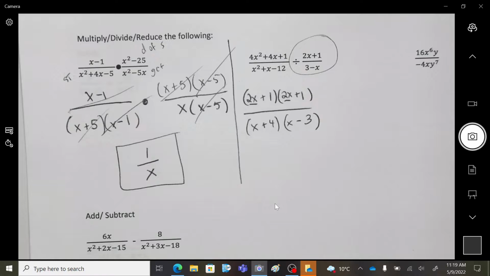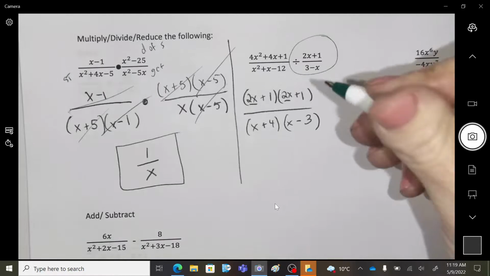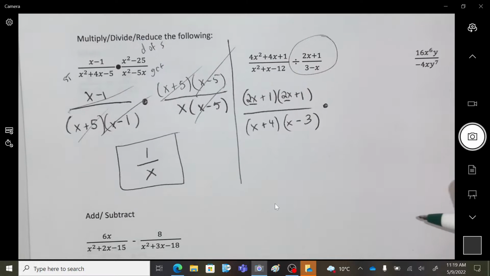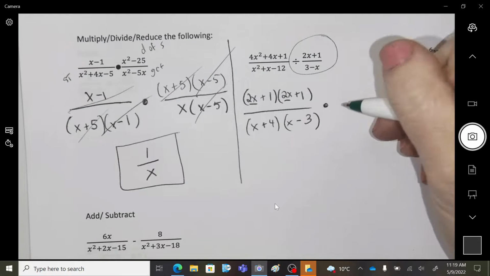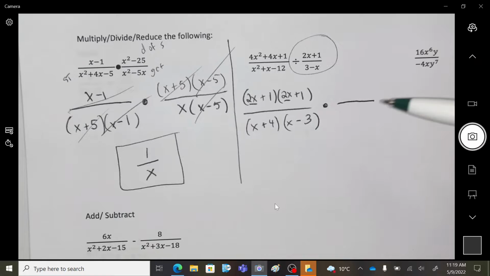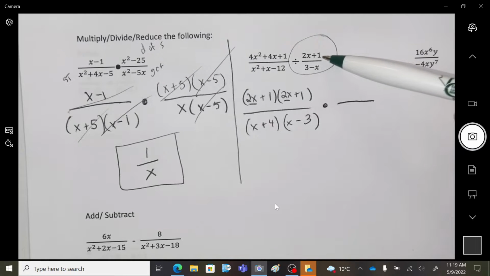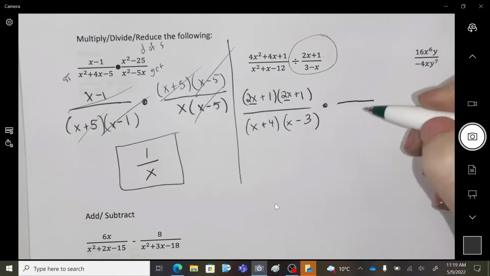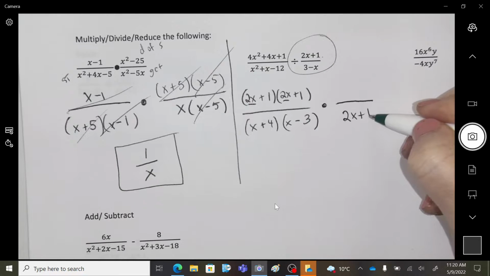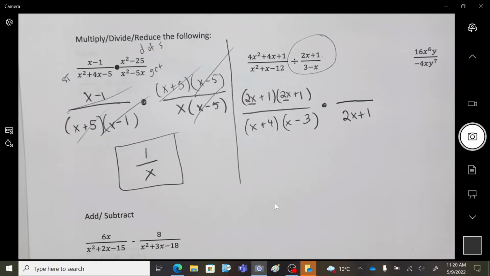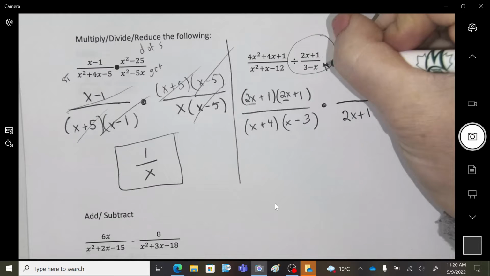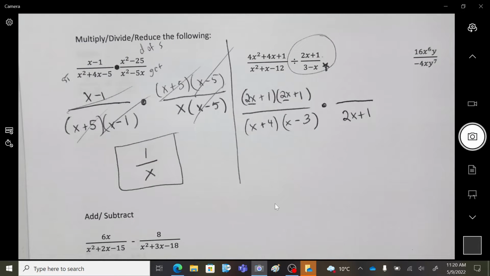There's a dividing a fraction. So we will times, and we're going to flip. Okay, 2x plus 1, there's nothing. So I'm going to write it on the bottom. But this, there's something I need to do with it. Do you remember that style?